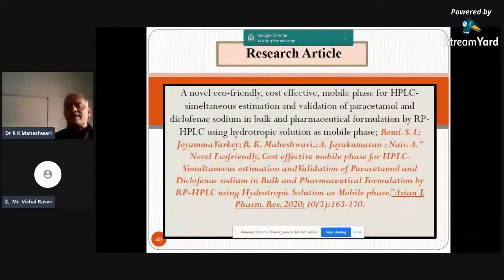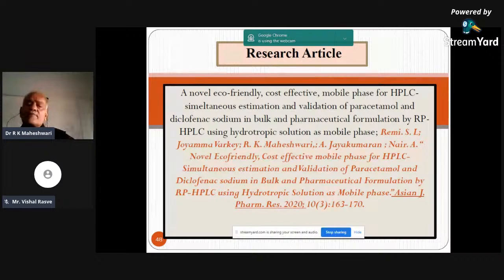It is not given in the slide, but she has employed a 5% aqueous solution of urea as mobile phase. This is the complete reference of that paper. It is available online on Google search. If you search, you will find all the details.